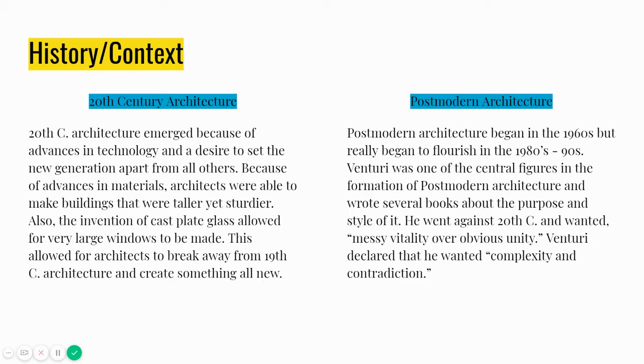And he definitely was first part of that modern movement. He had developed many buildings in this 20th century or modern style of architecture. And then he strayed away from it and started to develop this postmodern style, both theoretically, but also in terms of actual execution.